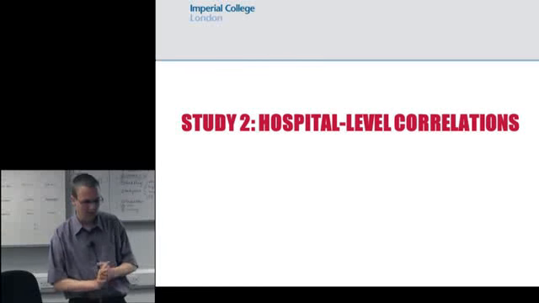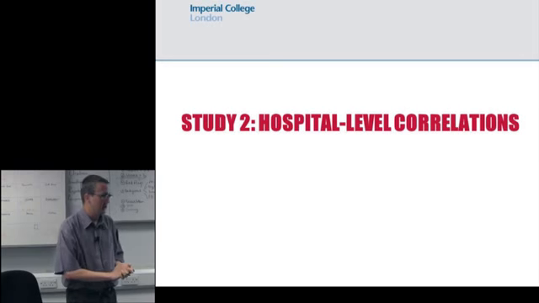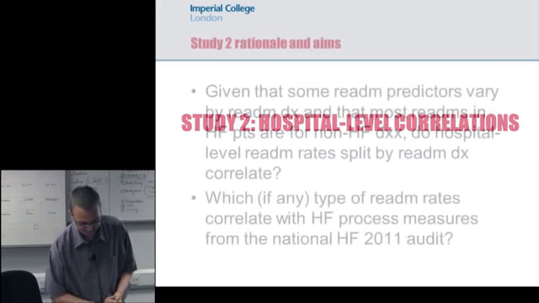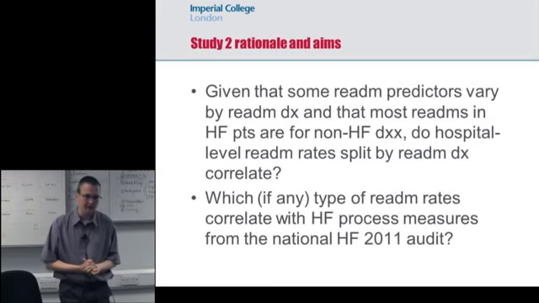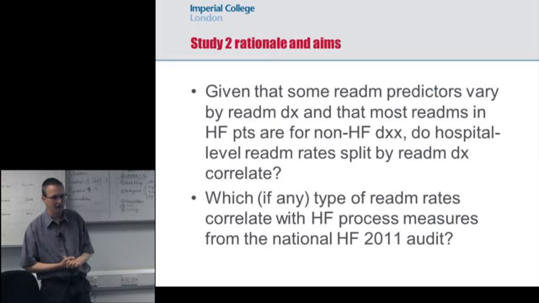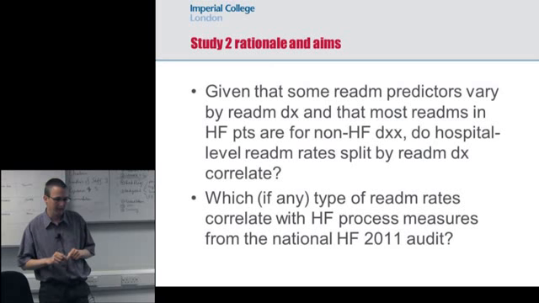So that was patient level. Next up is hospital level correlations. Given that, as we've seen, some of the readmission predictors vary by the readmission diagnosis, and most readmissions in heart failure patients are actually for other conditions, we wondered, let's split the hospital readmission rates by diagnosis and see if there's any correlation between the two.